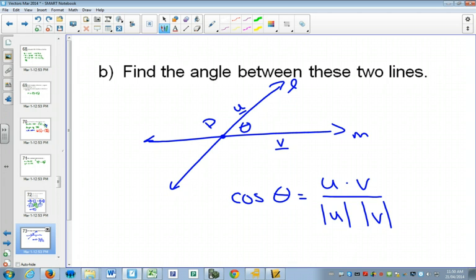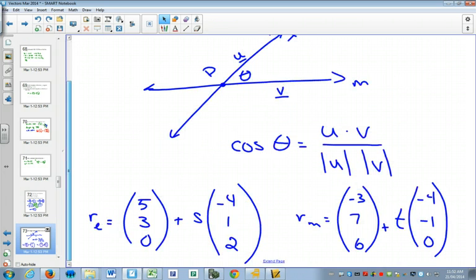So first of all, we're going to have to figure out what our vector u is and what our vector v is. We know that this is the point P on there. How do we figure out what the vector u is and what the vector v is? Any ideas? Pause it. Okay. So here's our vector equation for L, and here's our vector equation for M. And our u and our v are going to be coming from these equations.